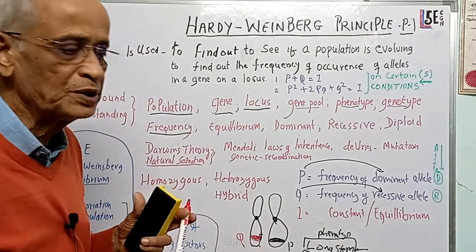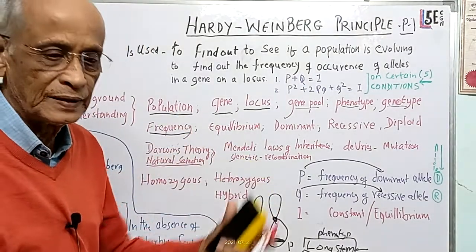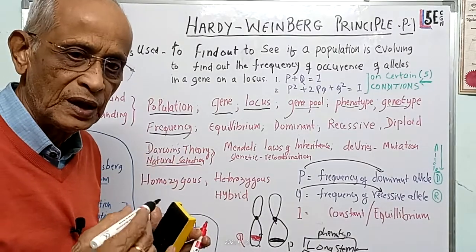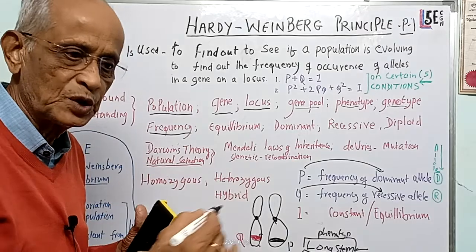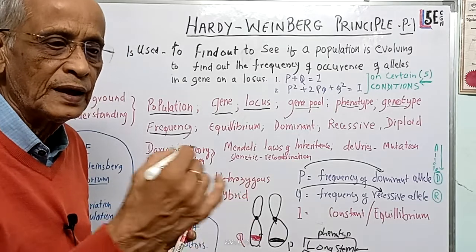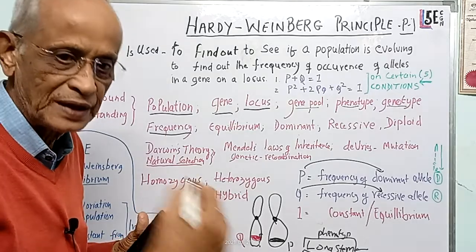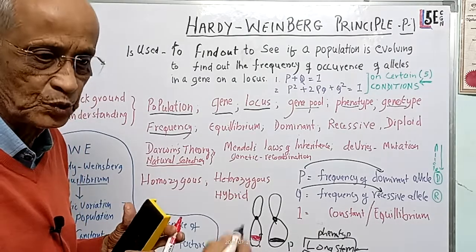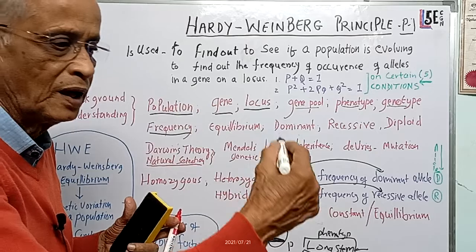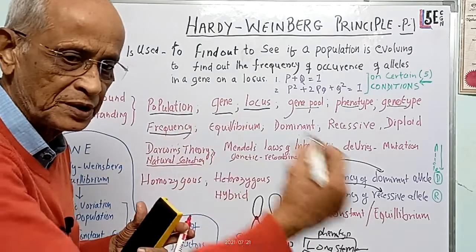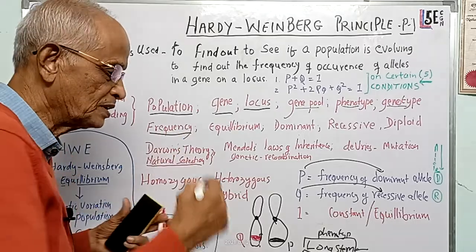Then comes frequency, this word. This word is normally used in statistical analysis. Frequency refers to the number of times whatever we are observing appears in a known time. In this case, we are talking about the life cycle, generations, one life cycle, second life cycle, or first generation, second generation, 10th generation, 20th generation, like that. So that is the frequency.